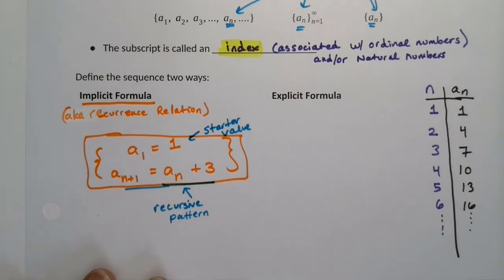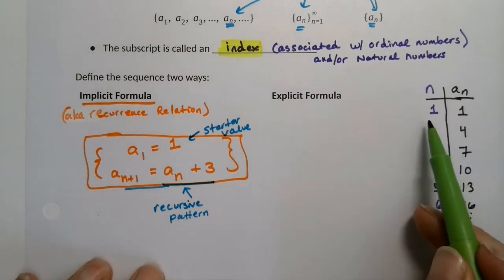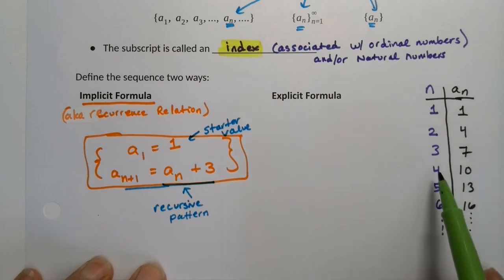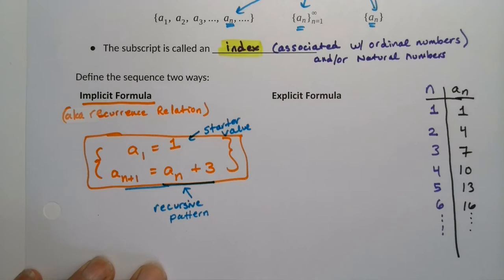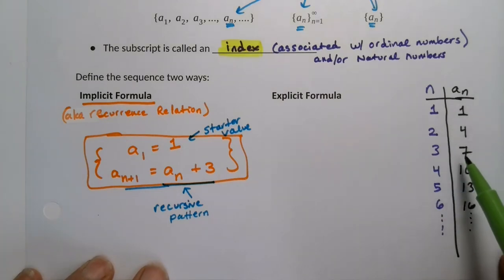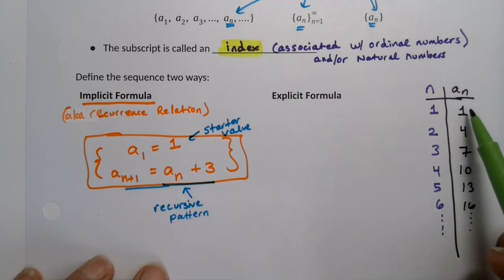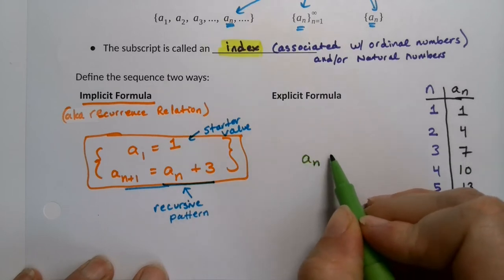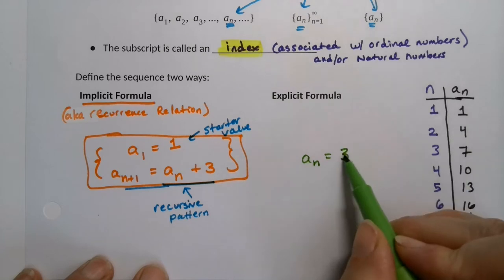What I need is a pattern that will relate the index number to that sequence value. I need a function that will consistently work for all n values. Well, let's see here. We're going up by 3s, right? It seems pretty linear, right? So therefore, a sub n would be 3 times n, right?